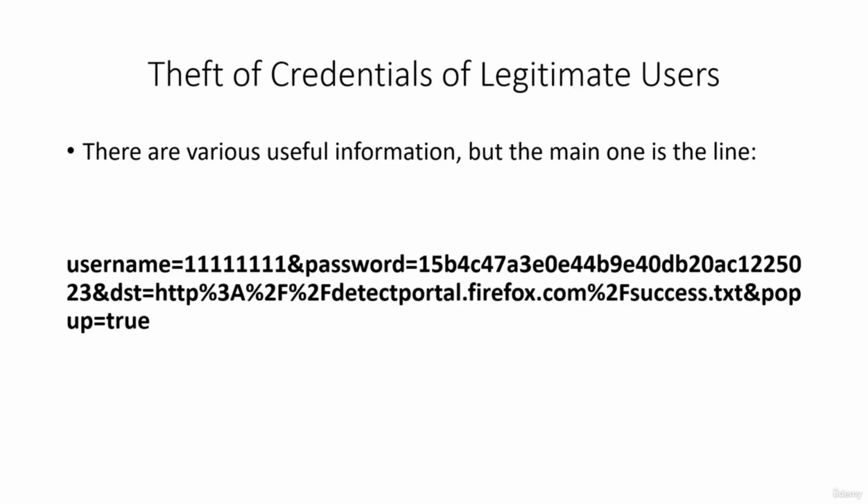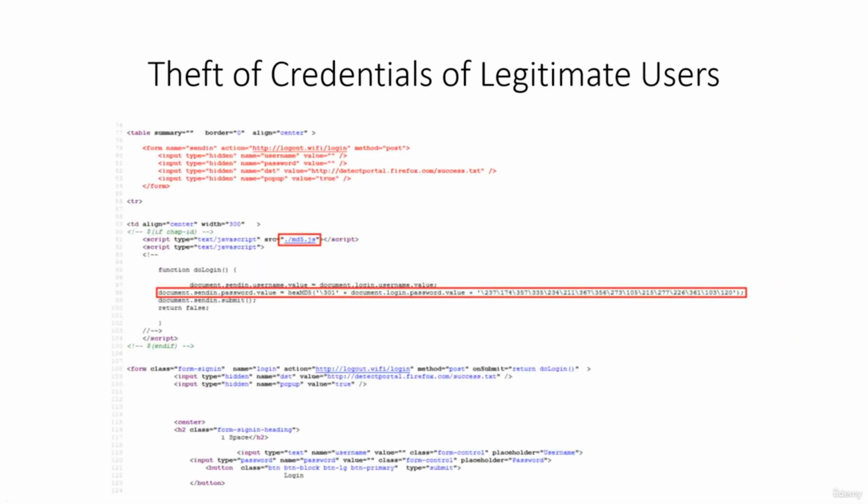Unfortunately, instead of the password, there is a hash, as you can see, and not just a hash. In the source code, you can see that a salt is added to the password before the conversion.